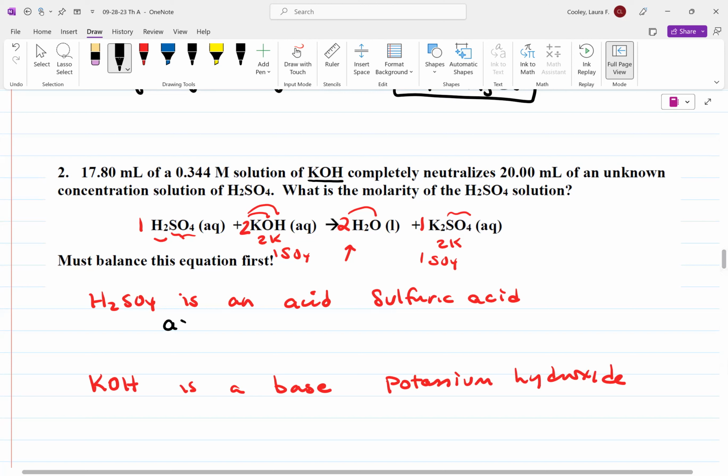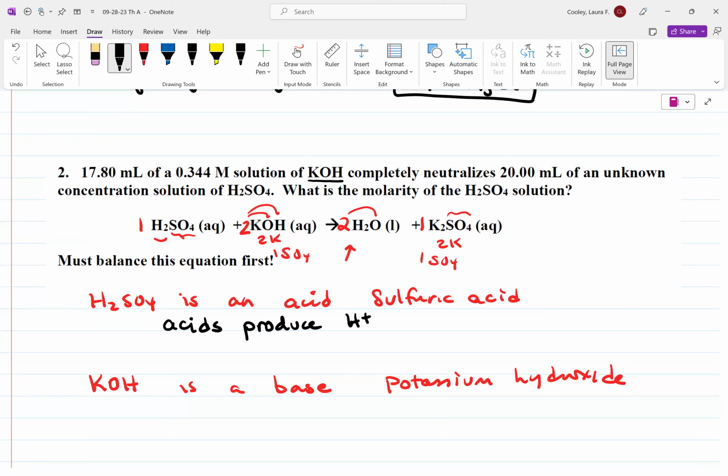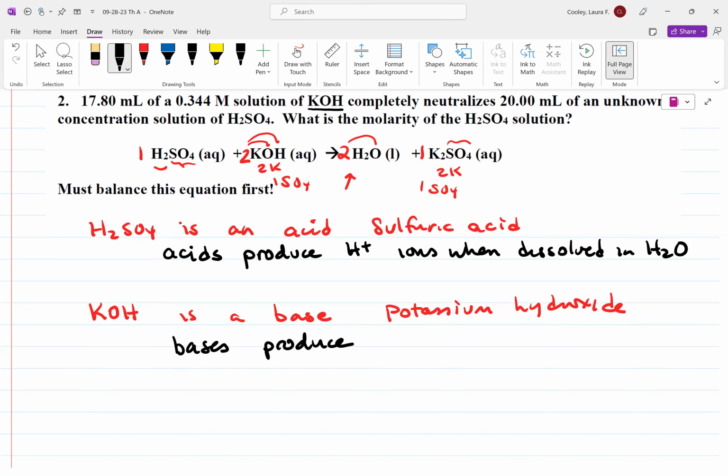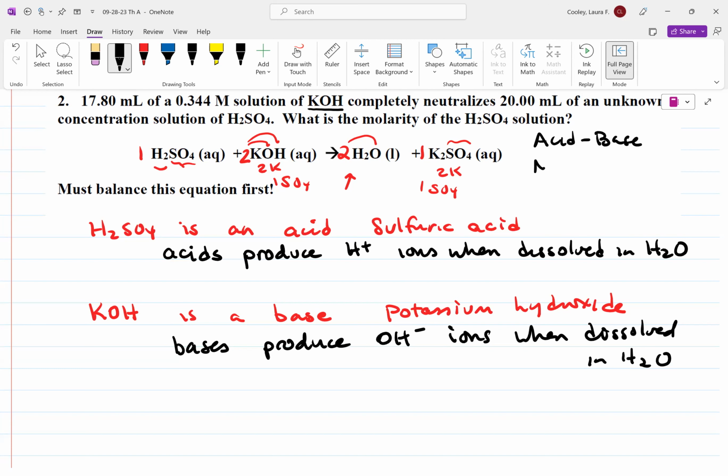Acids are substances that produce H+ ions when dissolved in water. We'll spend time on this next week, so you don't have to understand everything now. Bases produce OH- ions when dissolved in water. We call this type of reaction an acid-base neutralization.